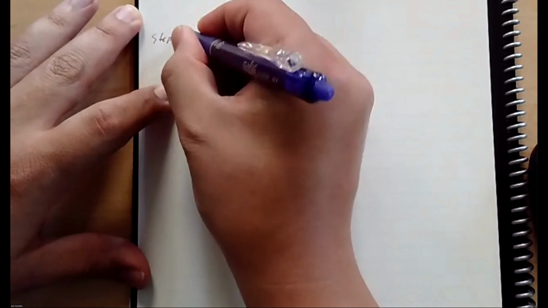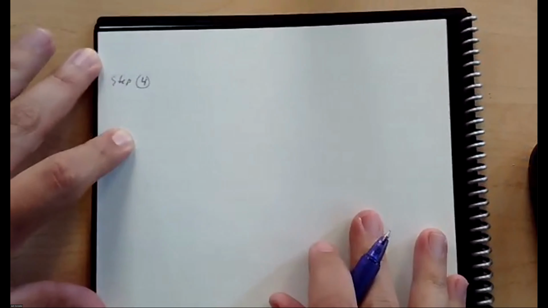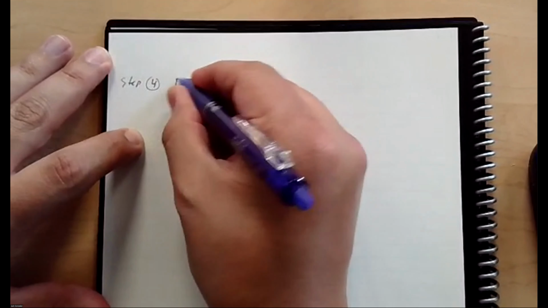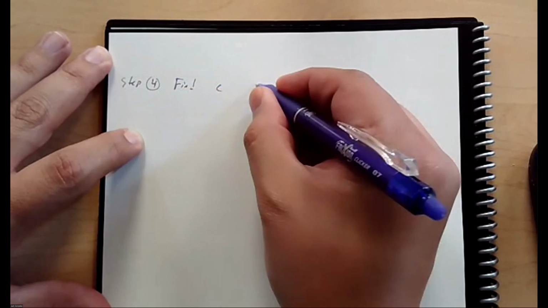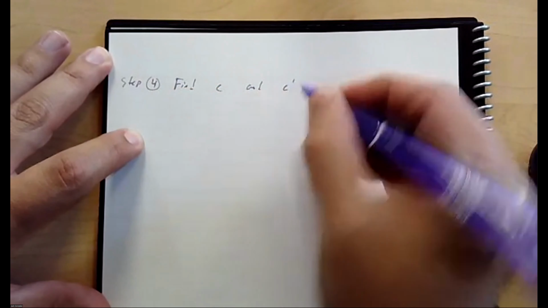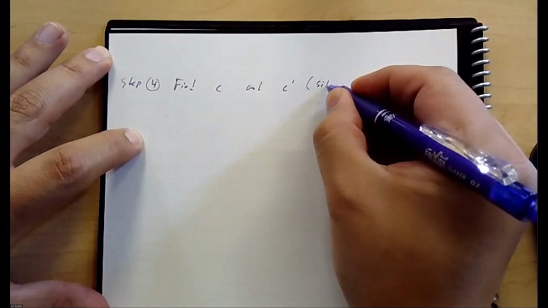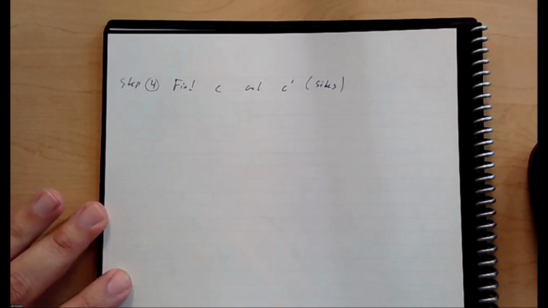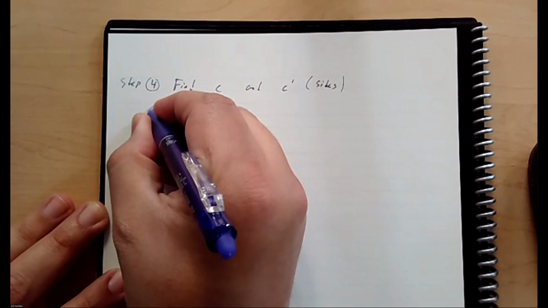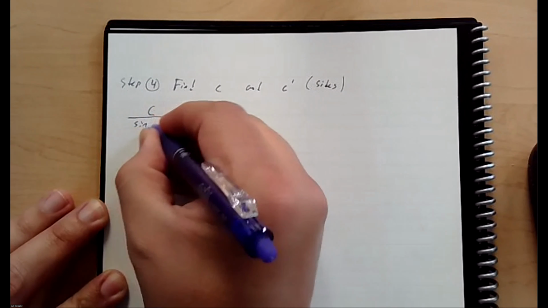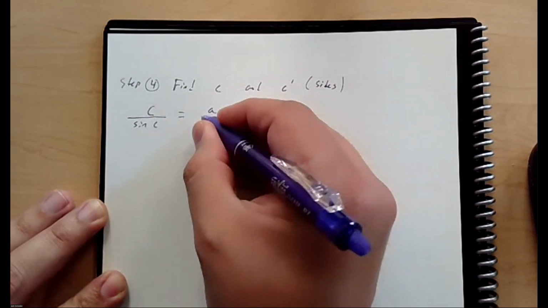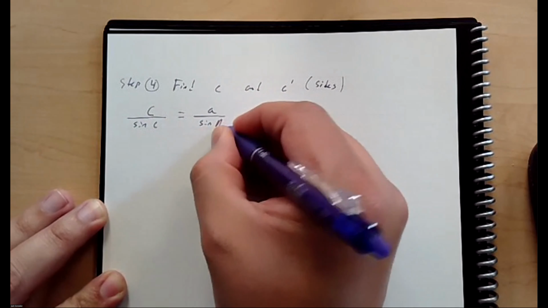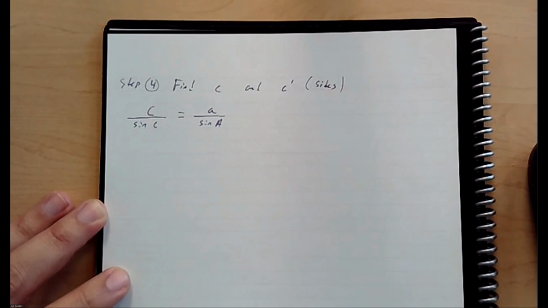All right, let's find little c's. Step 4. Find little c and little c prime. I'm gonna write the sides because my c's look the same. So here we go. C over sine C, set that equal to the one that had both sides from the start, A over sine A.